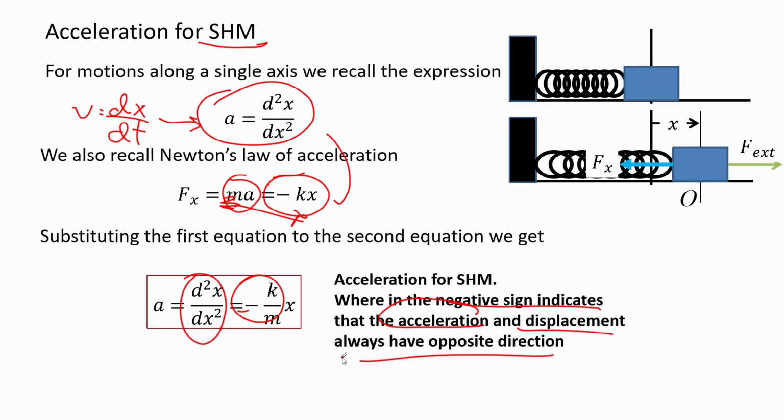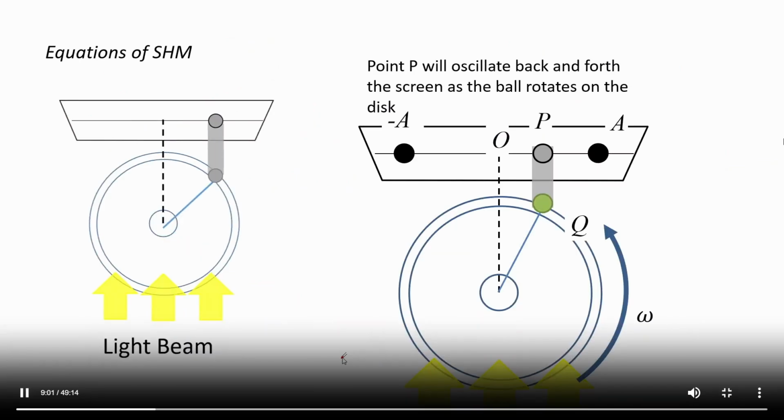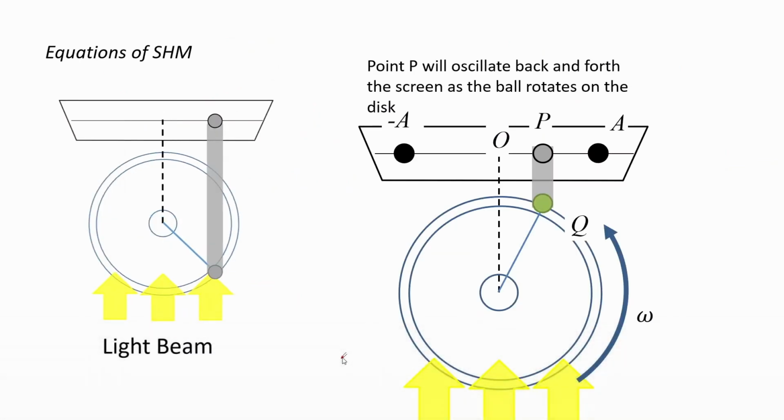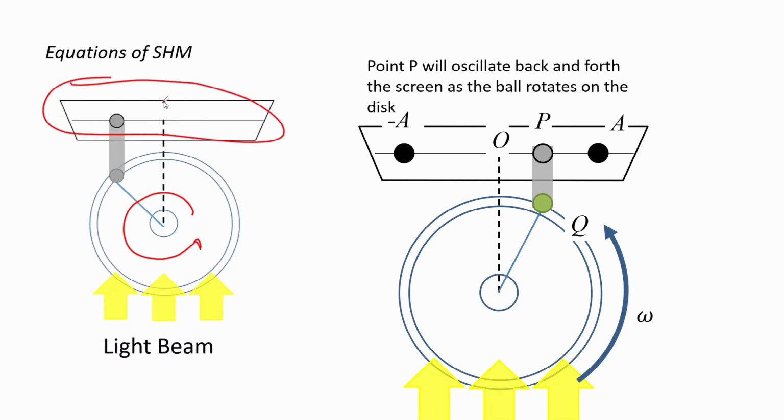Here we have a demonstration of two types of motion. You have the rotational motion and you have the linear motion here. As it rotates repeatedly, the motion on the screen of this block, or of this mass, simply goes forward and backward with respect to this axis.